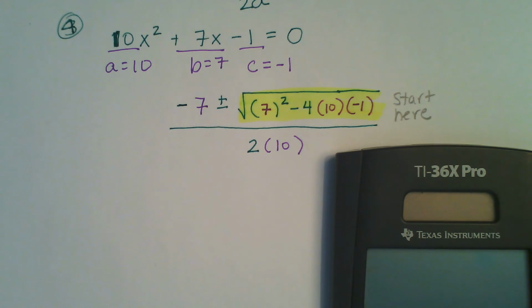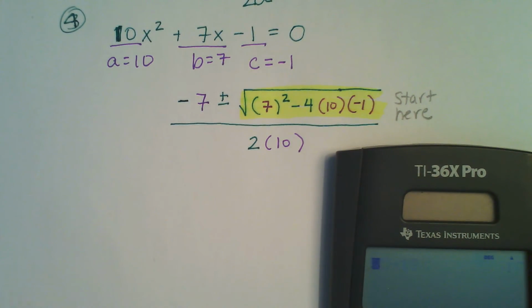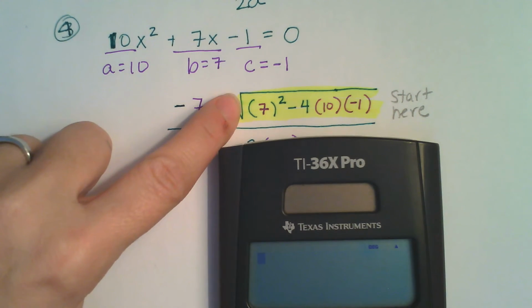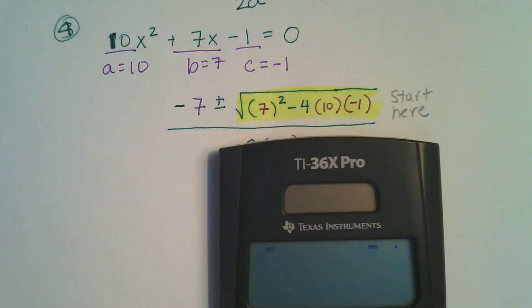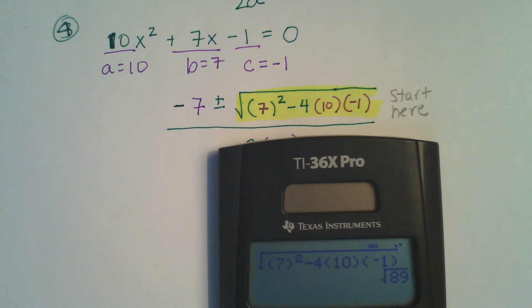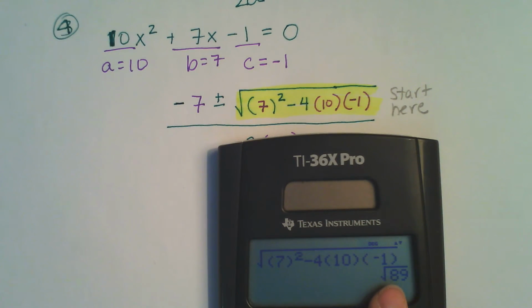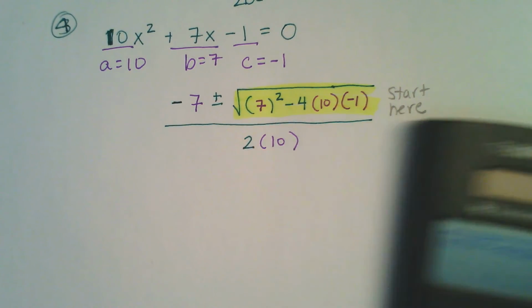All right, so I'm going to put just the square root part into the calculator. So second square root, parentheses 7 squared minus 4 times 10 times negative 1. It tells me that that equals the square root of 89.